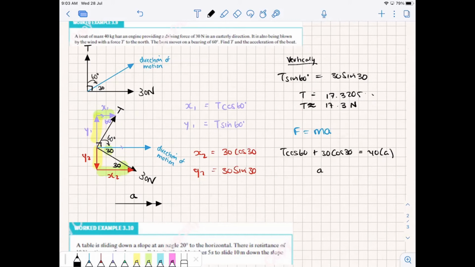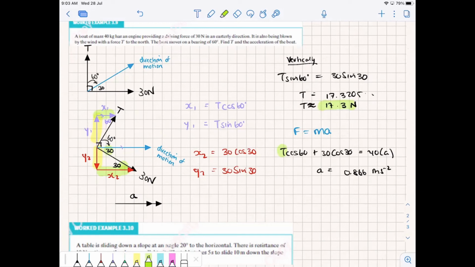Just to save some time, I'm just going to give the answer as 0.866, rounded to 3 significant figures, meters per second squared. Remembering that we know the value of T, and because we are using trigonometry, don't use your rounded figure from the previous step.